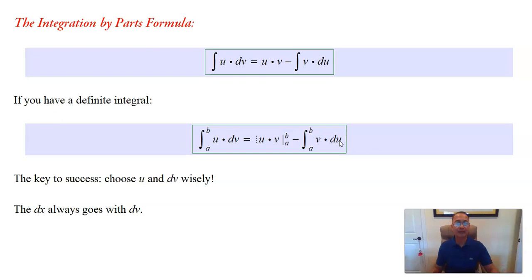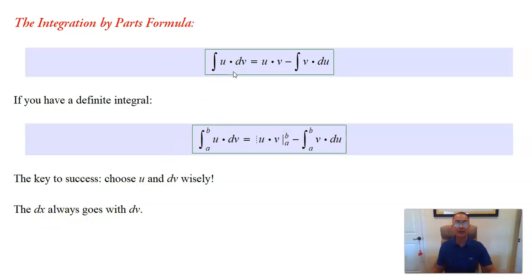So how do you apply this formula to an actual integral? We have 5 integrals that we are going to compute. The key to success is to choose u and dv wisely. It's called integration by parts because you're basically looking at an integral and separating it into 2 parts. One of the parts is called u, one of the parts is called dv, and the dx obviously should go with dv all the time.